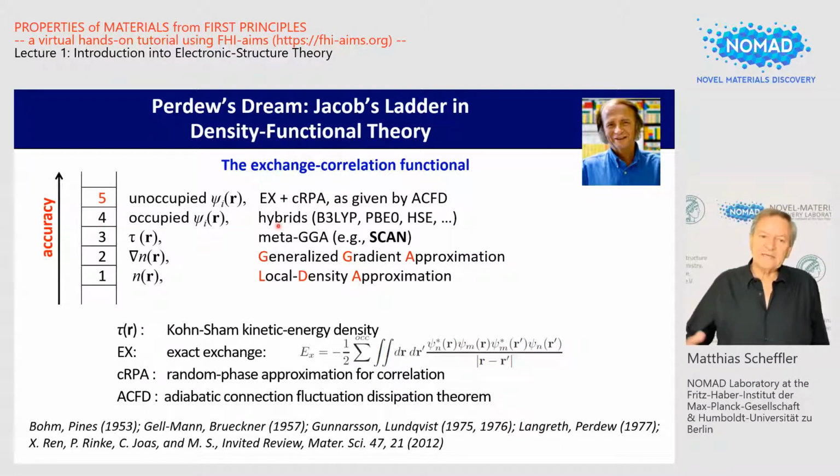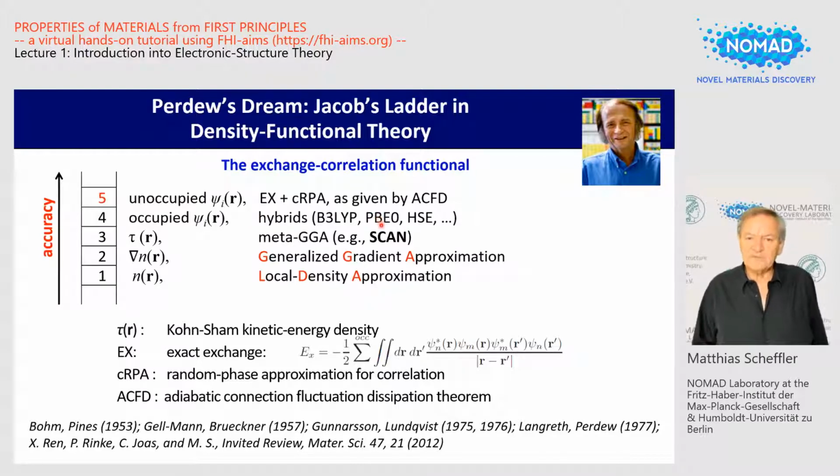An even higher level would be including also occupied orbitals. So you're moving a little bit away from the concept of density functional theory, that you now include also and allow also orbitals, but to some extent you were away from it already when we started dealing with the kinetic energy functional, which we also evaluate as a functional with orbitals.